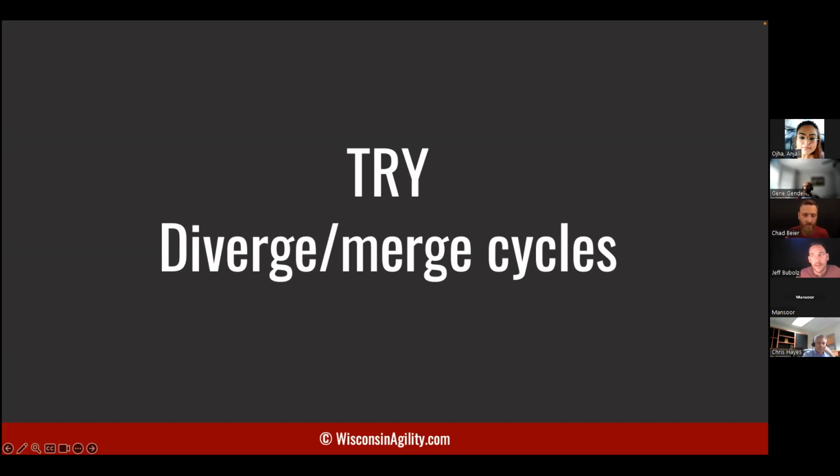And you do these diverge-merge cycles. You can do this virtually with Zoom breakout rooms. You can do this in person in a workshop format. Avoid just watching one person type on a screen and a bunch of people watching. That's very wasteful. There are much more interactive, engaging ways to productively get these items refined and understood.